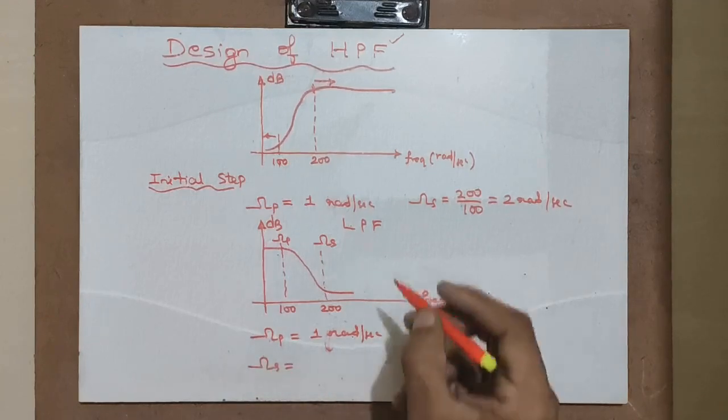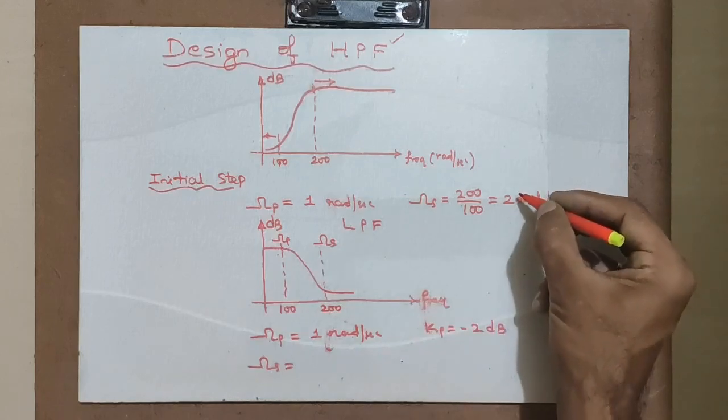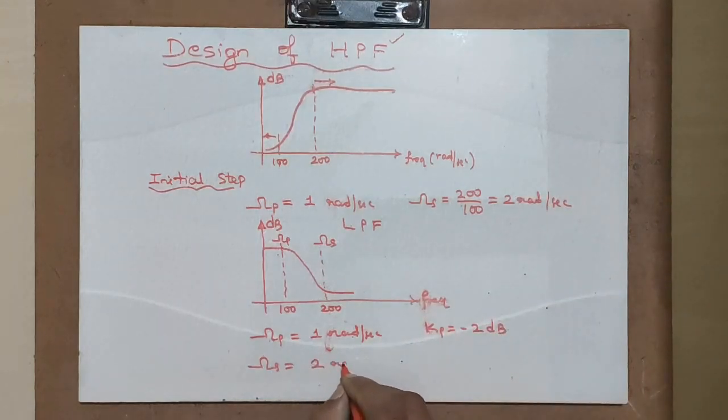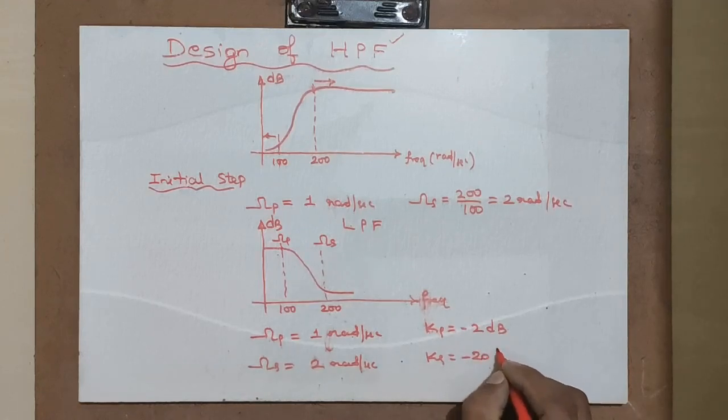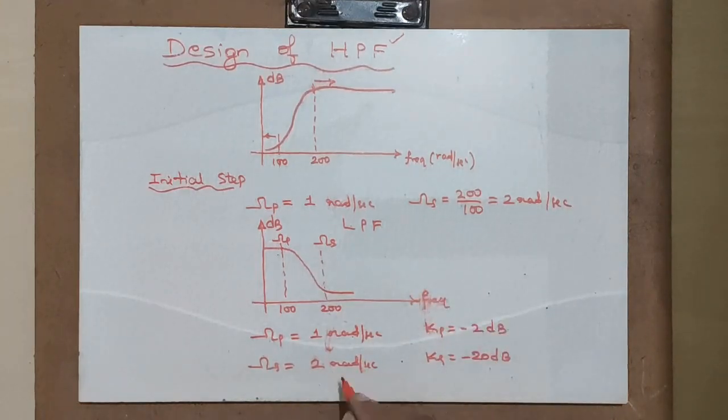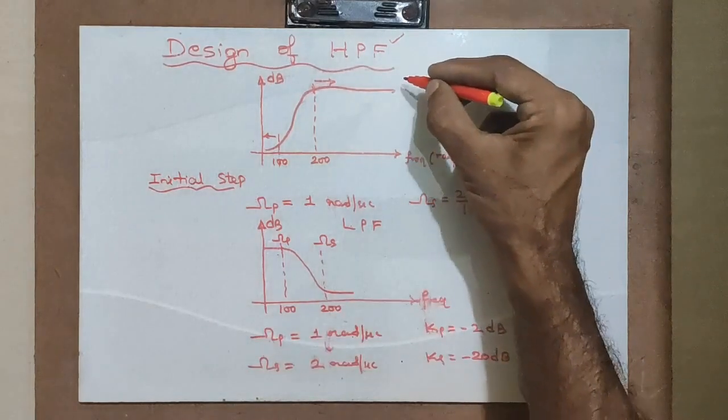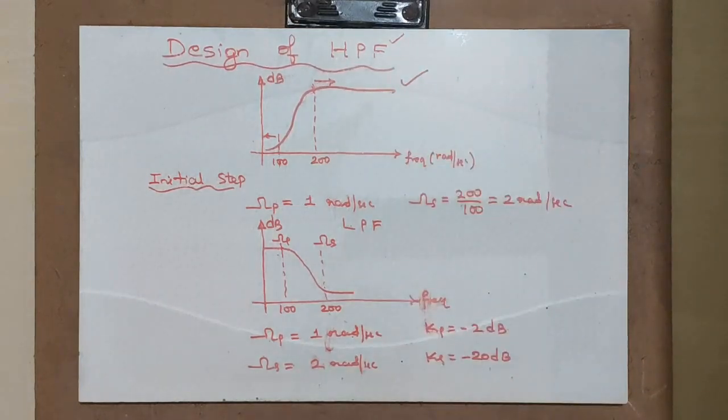The stop band edge, which is actually 200, in the normalized case I will take as 2 radians per second, with Ks equal to minus 20 decibels. Hence the passband became 1 radians per second and the stop band became 2 radians per second. Kp and Ks, no change at all. This is called the normalized low pass filter equivalent to the one which is given.